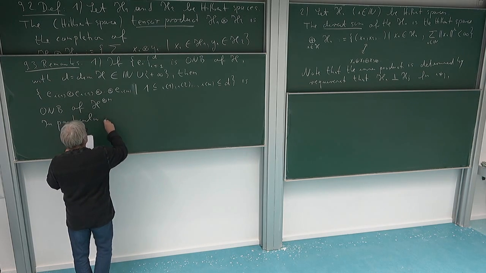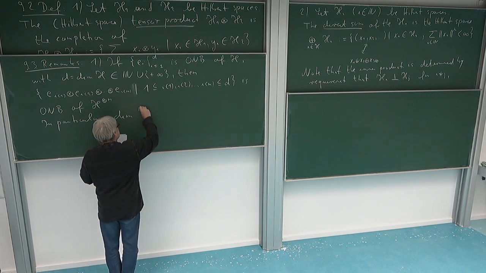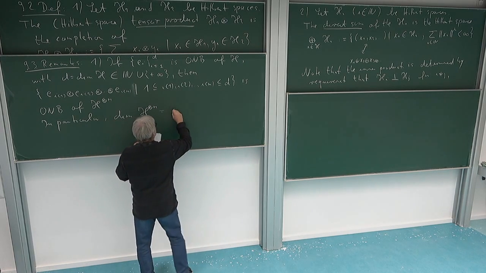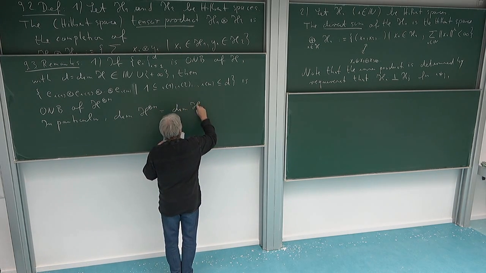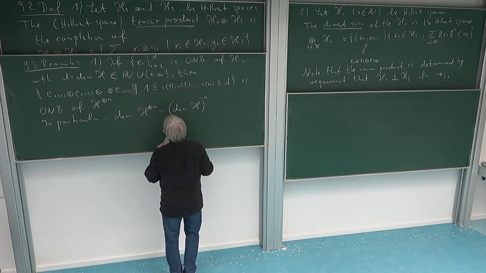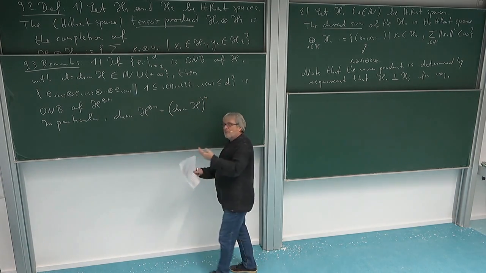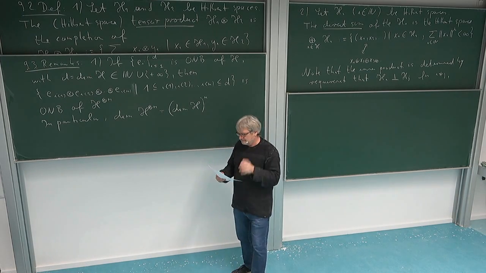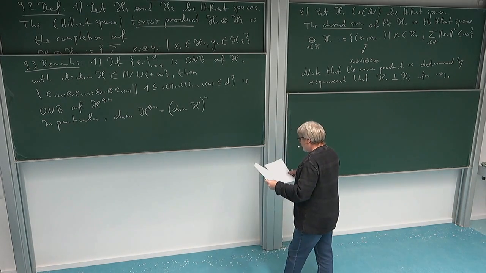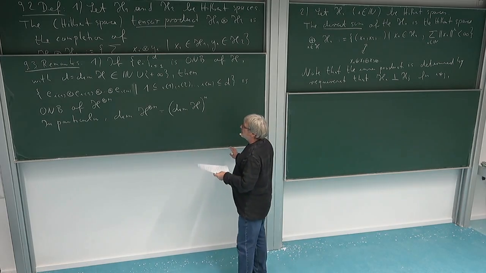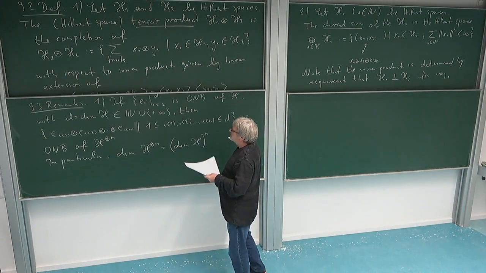So this tells me that the dimension of H to the n is just the dimension of the Hilbert space H to the power n. Which of course means if H is infinite dimensional, then the tensor powers are also infinite dimensional. Yeah, so that was the first remark on the tensor product.